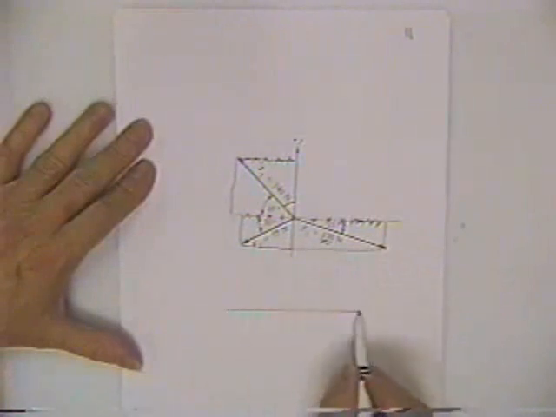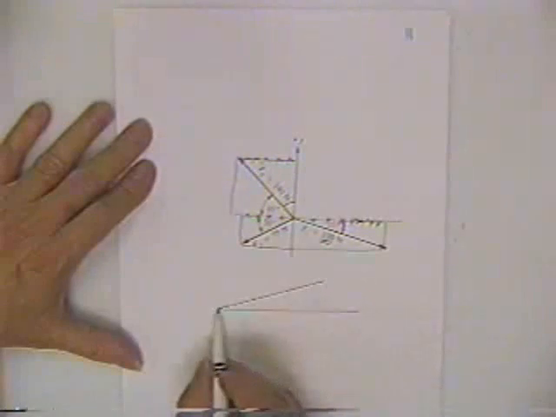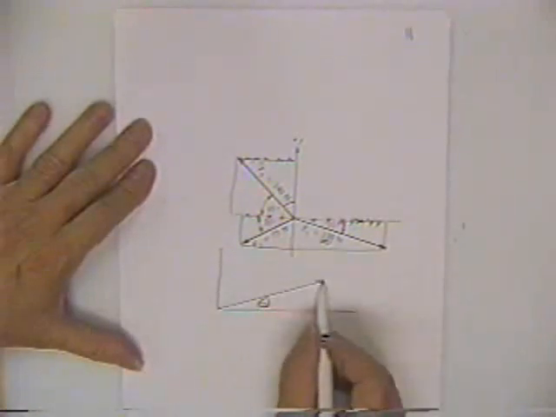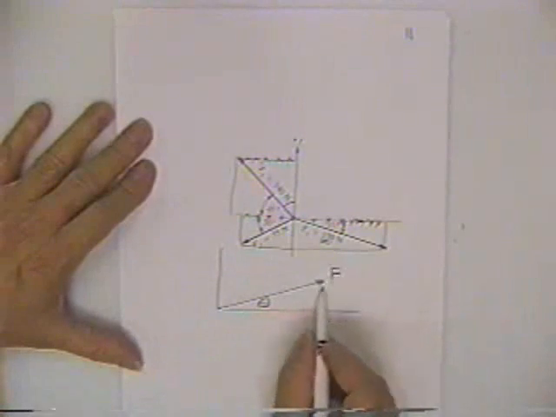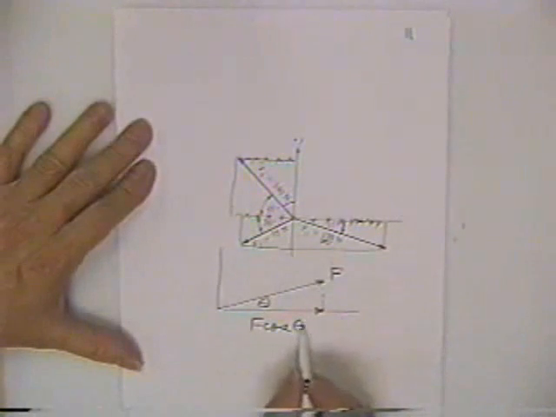So anytime you want the component of any force on any axis, all you do is you multiply the magnitude of that force times the cosine of the included angle.